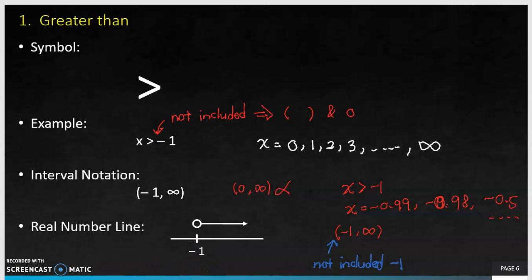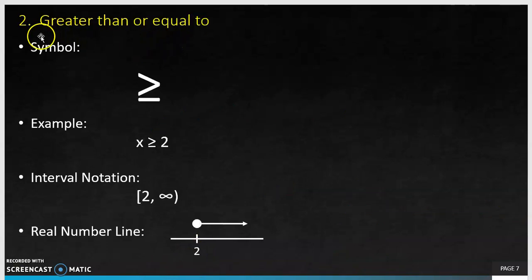Next, we look at another example. Second is greater than or equal to. The symbol will be greater than or equal to. For example, x is greater than or equal to 2. So in this case, 2 is included. For included, we will use square bracket and a dot for real number line.